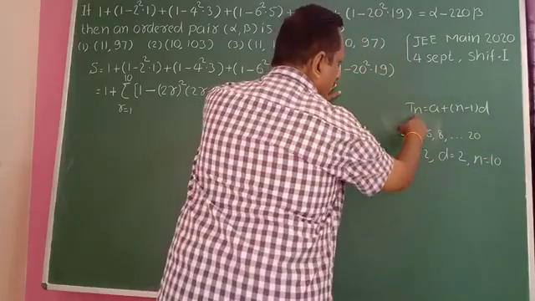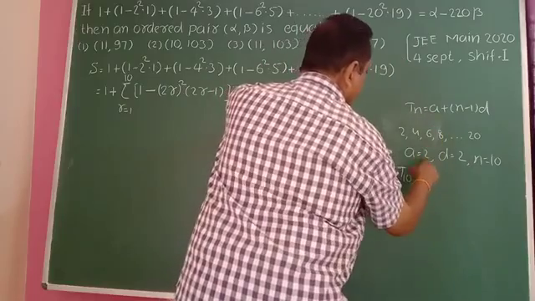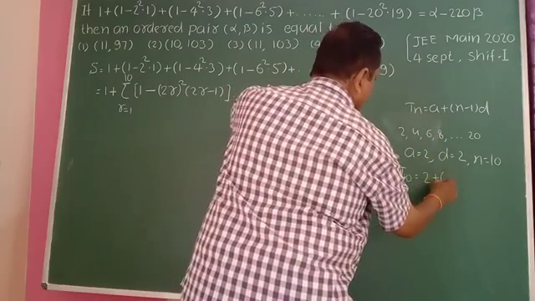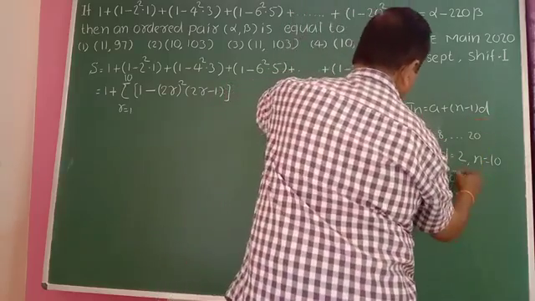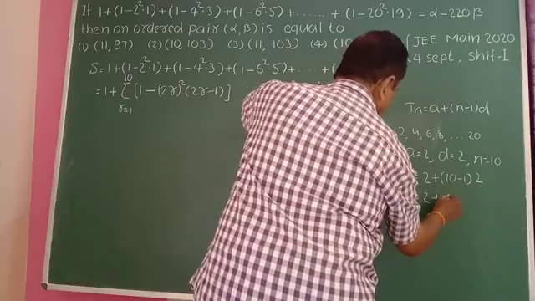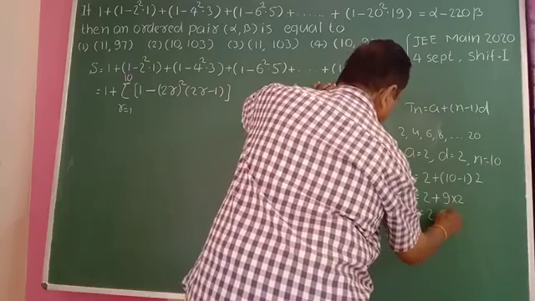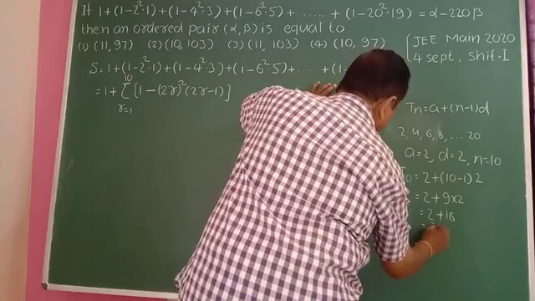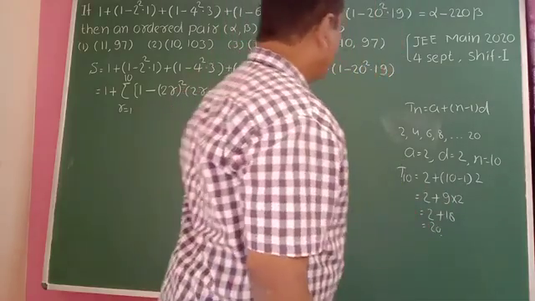Therefore T10 is equal to 2 + (10 − 1) × 2, that is 2 + 9 × 2, which is 2 + 18, then 20. So the 10th term is 20.